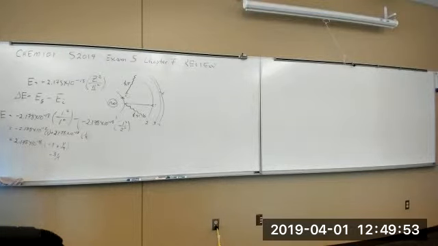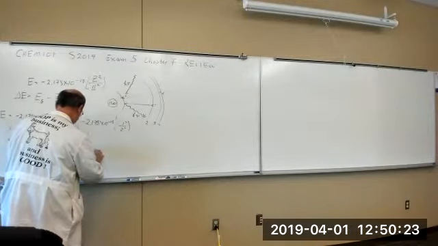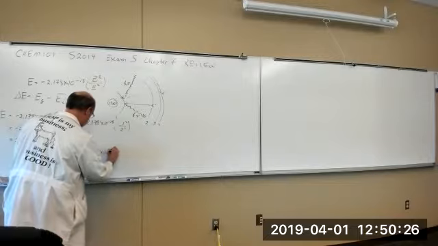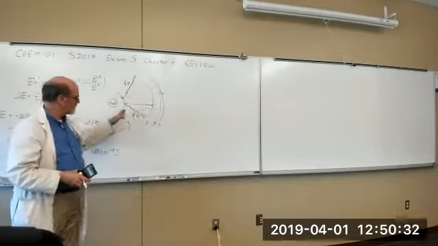So whatever -3/4, 0.75 times that value. Let's do that. So that gives us a -1.63 times 10 to the -18 joules for the transition from here to here.